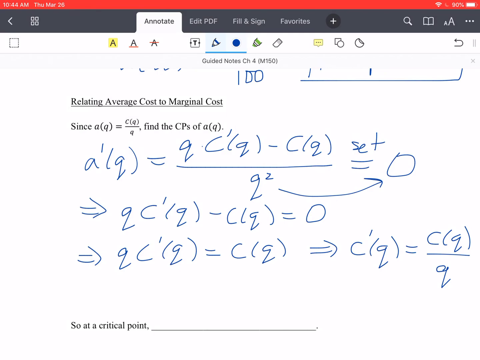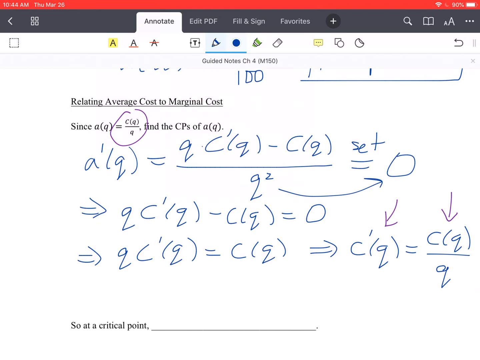So at the critical points of the average cost function, an interesting relationship has shown up here, because this right-hand side, that is the average cost function, right? So that's this function right here. And this function on the left, that's the marginal cost, right? C prime is the marginal cost of the product.